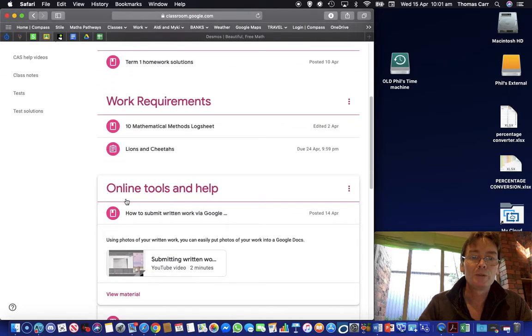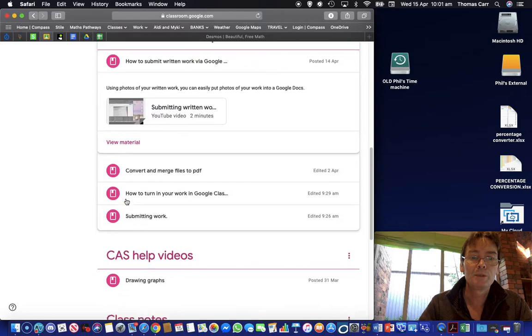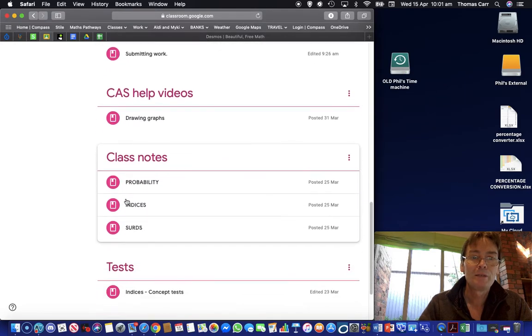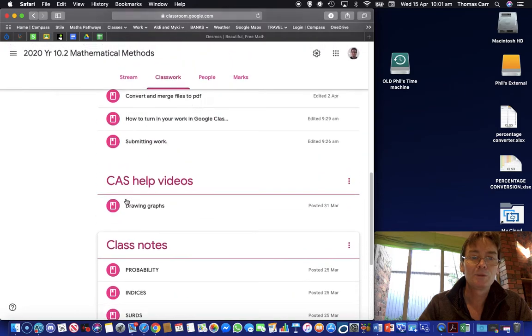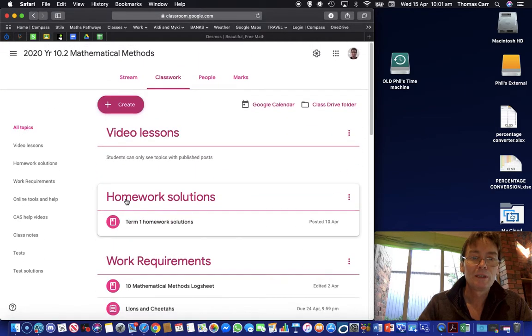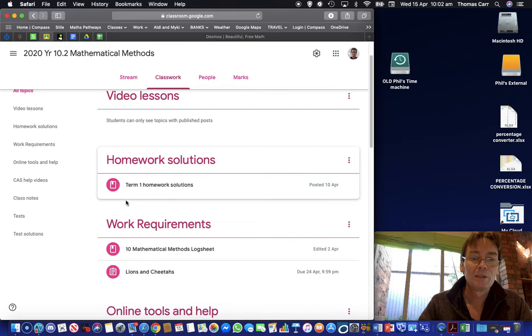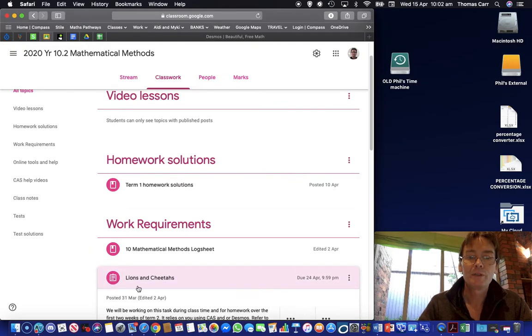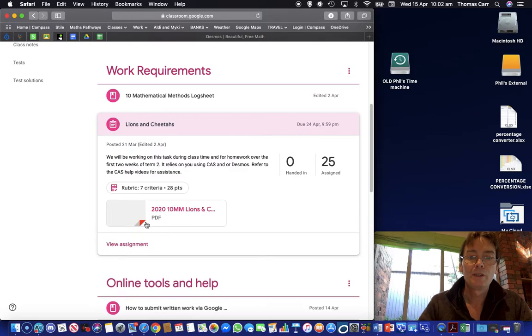We've got online tools and help on how to submit work and so on. Have a look at that when you have to submit something, but you'll also notice that we have got this Lions and Cheetahs work requirement. So if you click on there, you can find this assignment.